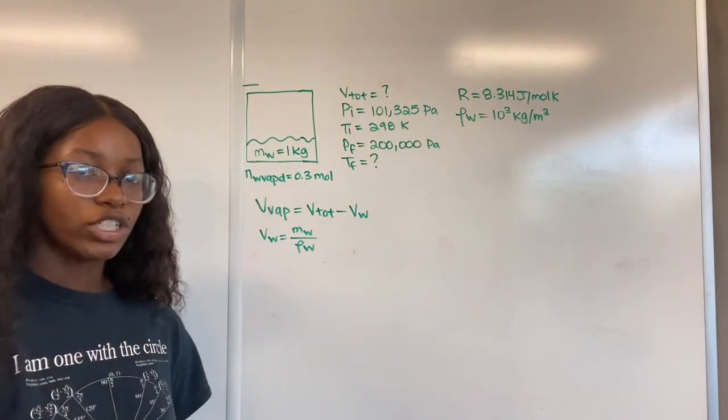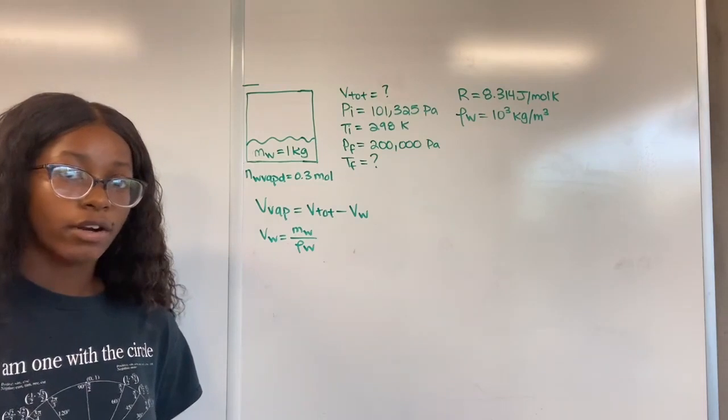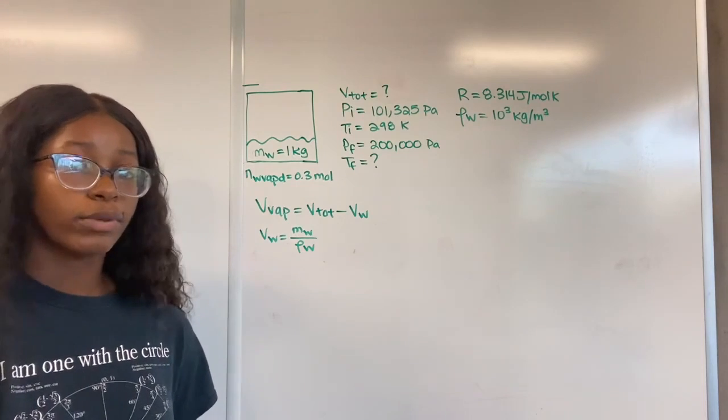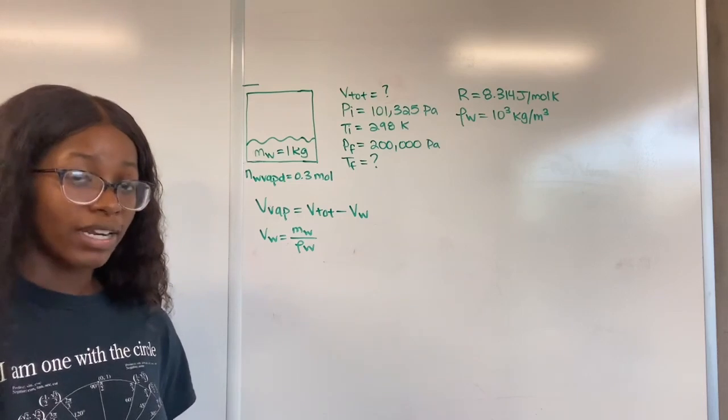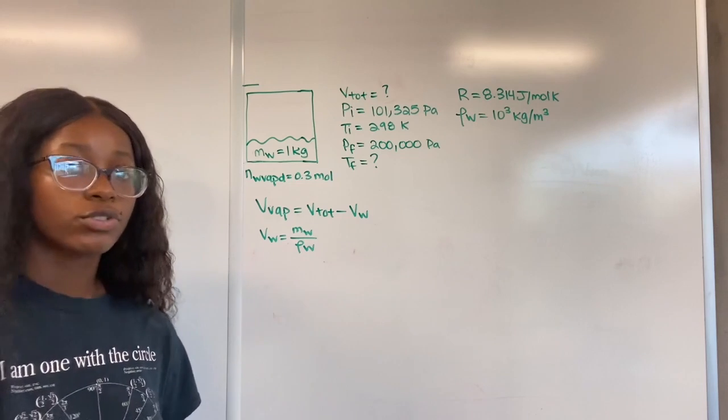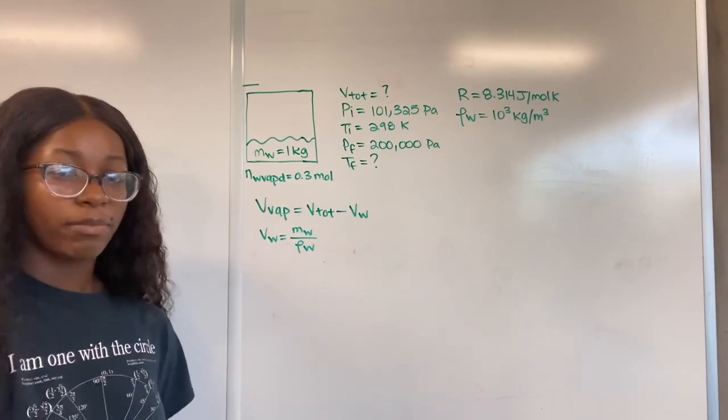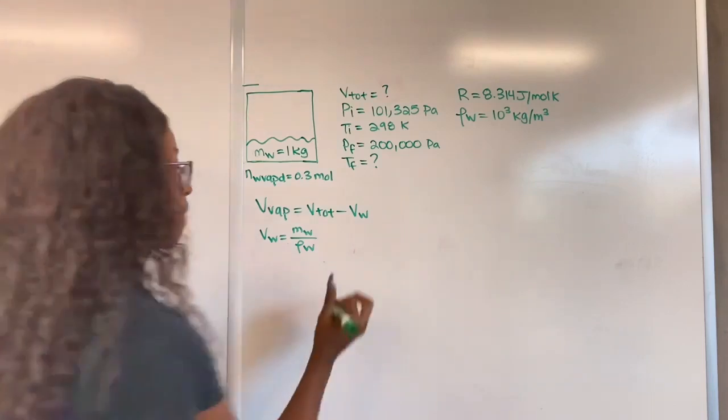But in this case, we don't know the true mass of the water because 0.3 moles of it is water vapor. So in order to figure out what it actually is, we have to subtract the moles of water vapor from the total mass.